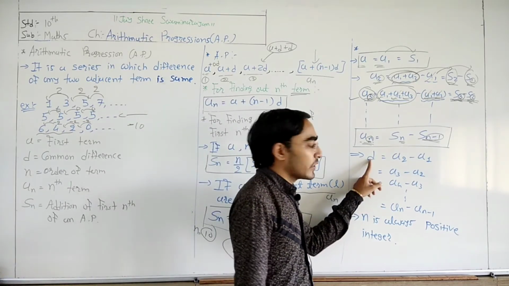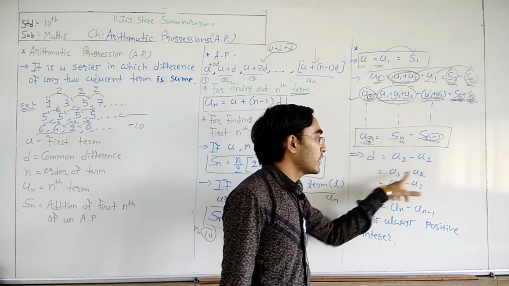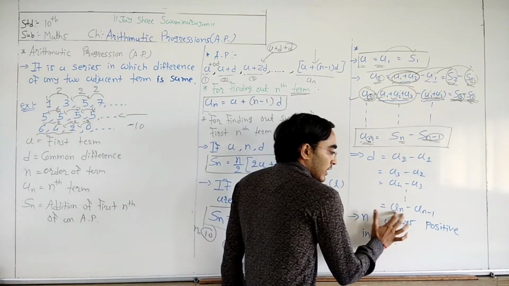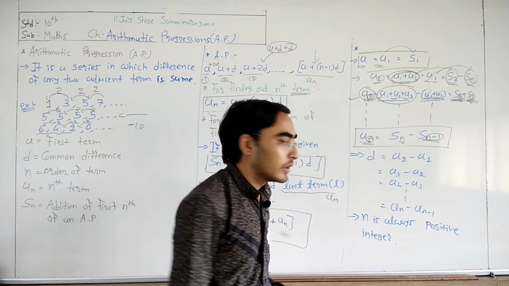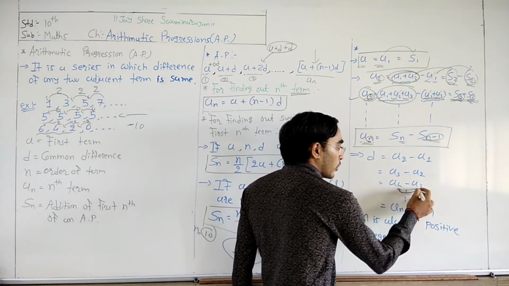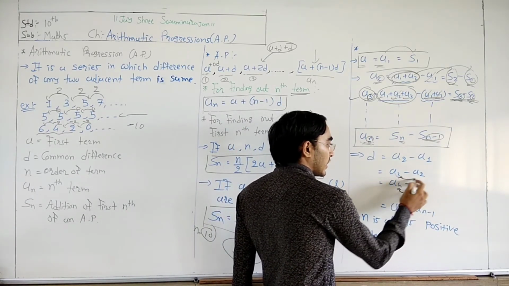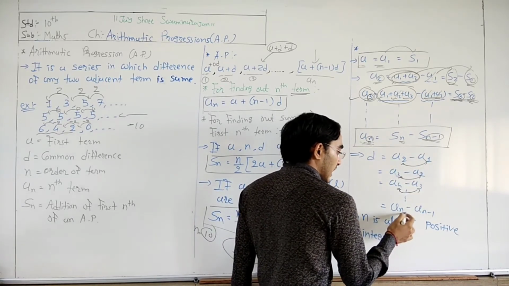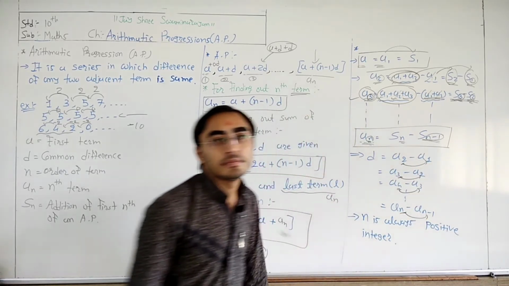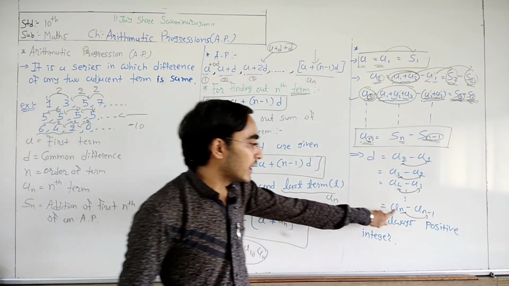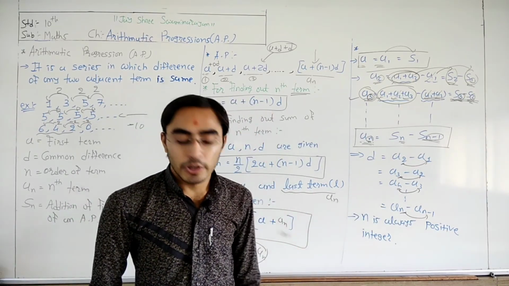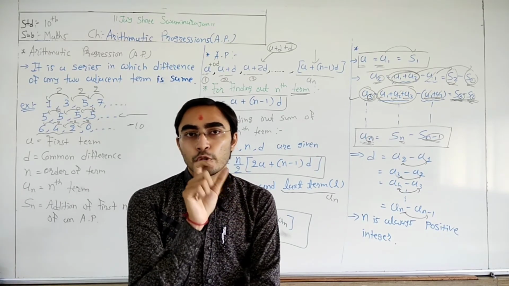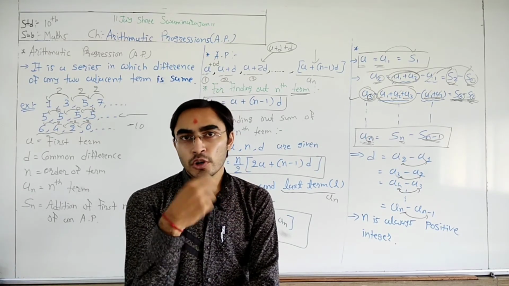So difference D is equal to A2 minus A1, A3 minus A2, A4 minus A3, and so on, An minus An minus 1. Here 4 is there, so 4 minus 1, 3. Here 3 is there, so 3 minus 1, 2. Here 2 is there, so 2 minus 1, 1. Here n is there, so n minus 1. You need to take any two adjacent terms, and first of all you need to put the higher order term.